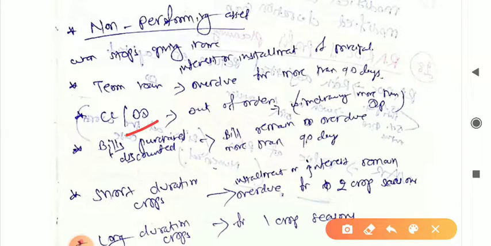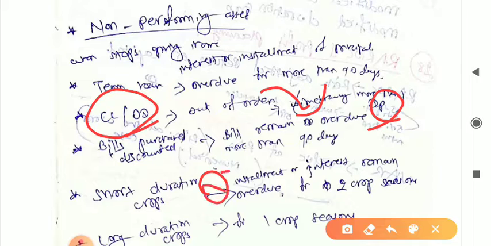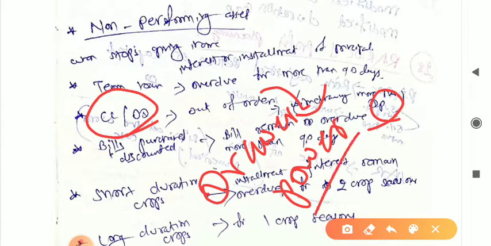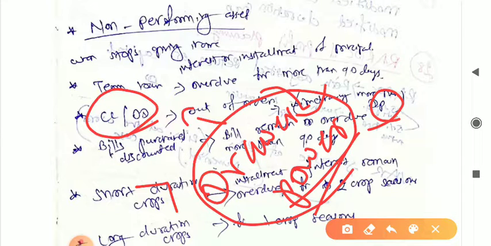In the next case, CC and OD, overdraft or cash credit, here it is out of order, that is, withdrawn more than the drawing power. What do you mean by out of order? That is withdrawing more than the drawing power. There will be some drawing power allotted, and if someone is withdrawing more than the drawing power, then it will be out of order, right?